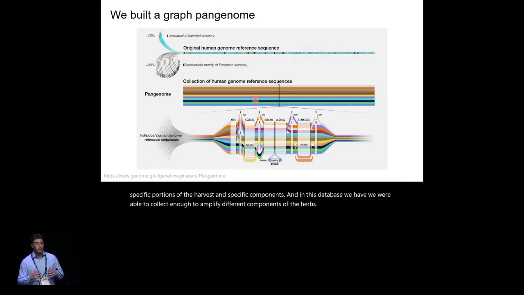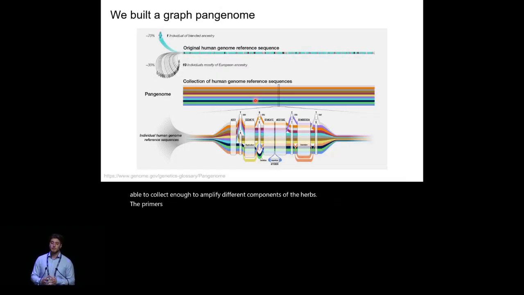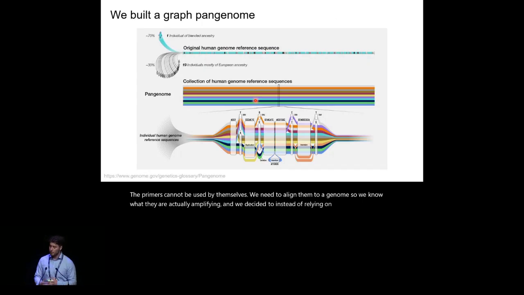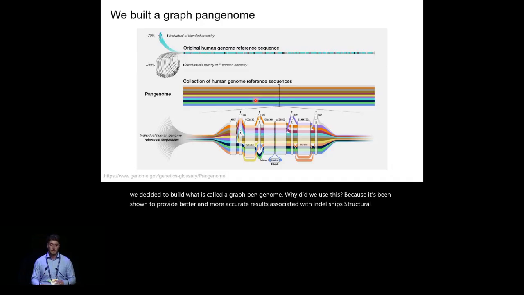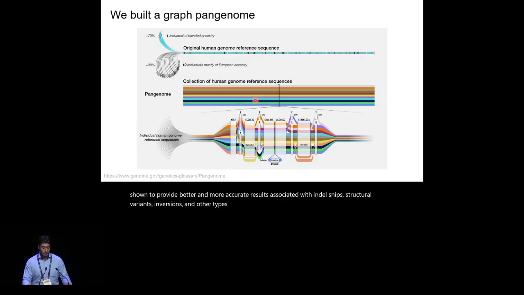However, the primers cannot be used by themselves. We need to align them to a genome so we know what they are actually amplifying. Instead of relying on the linear reference, we decided to build what is called a graph pangenome. Why did we use this? Because it has been shown to provide better and more accurate results associated with indels, SNPs, structural variants, inversions, and other types of variants.